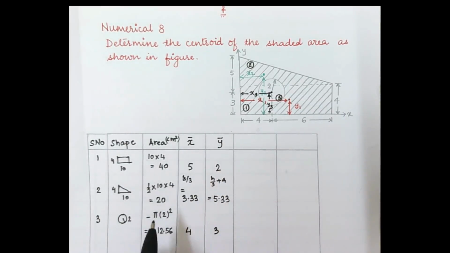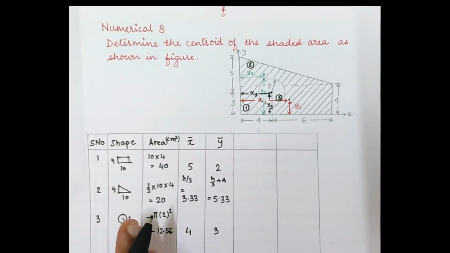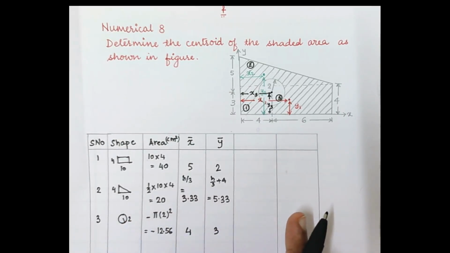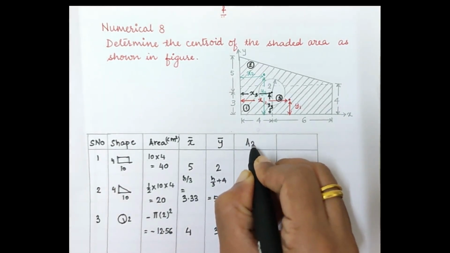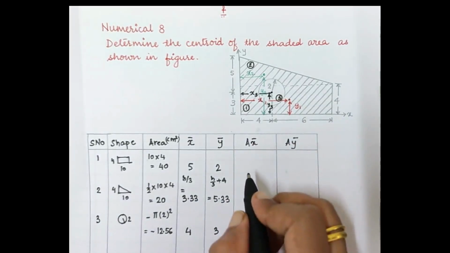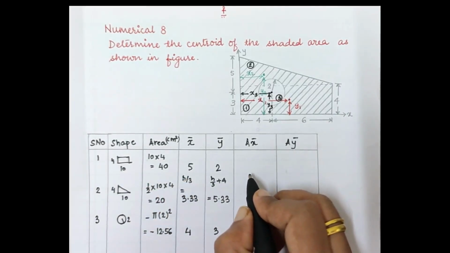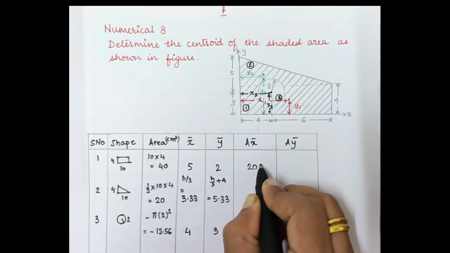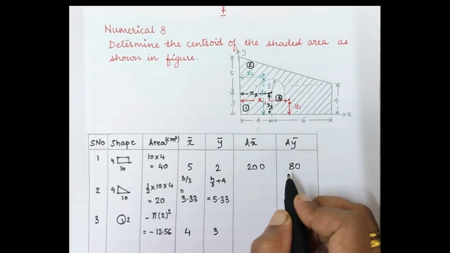Ahead, what we have to do is take the area column and multiply it by x bar and write it here. Similarly, area into y bar, we will write it here. This is known as the first moment of area. So A x bar and A y bar. Let's write the values. 40 into 5, we get 200. 40 into 2, we get 80.